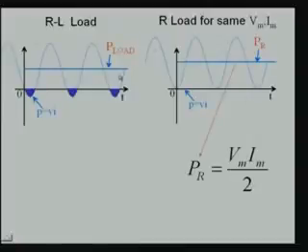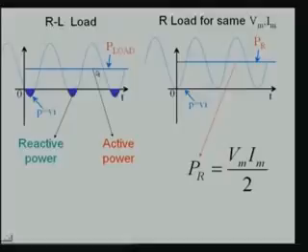And in the case of the RL load, this portion is called the reactive part, this portion is the active power portion. So, it is actually the active power portion that you have to consider for the power factor, because our power factor says how close the load matches the resistive load, or how much of the input power is active power.